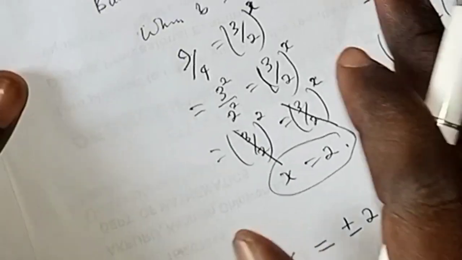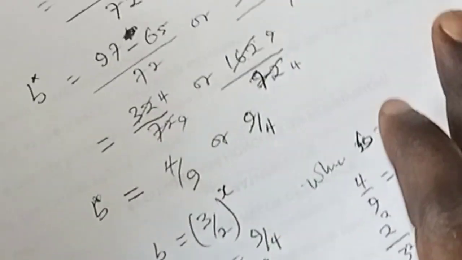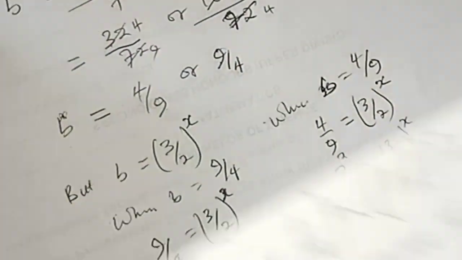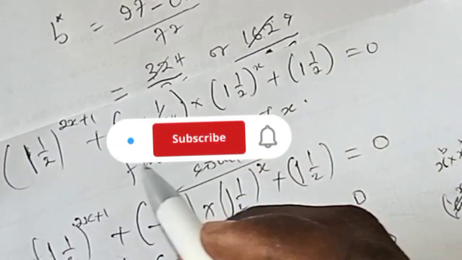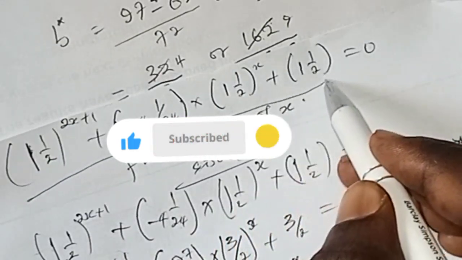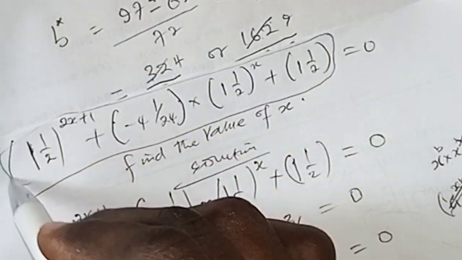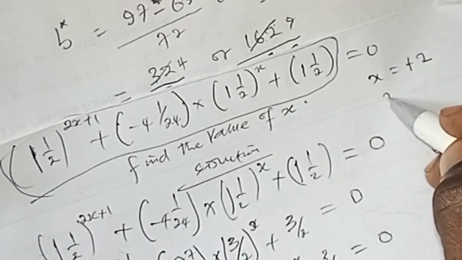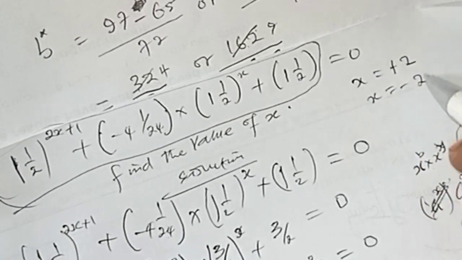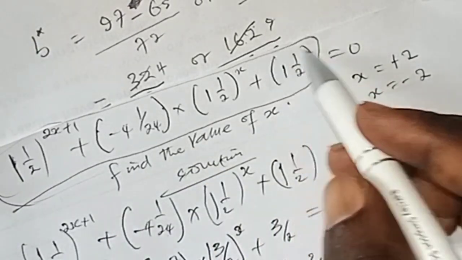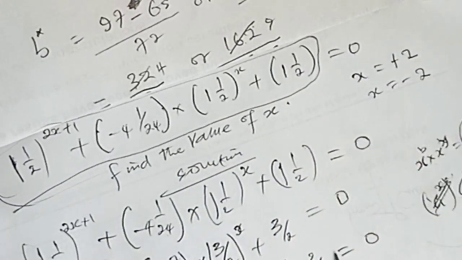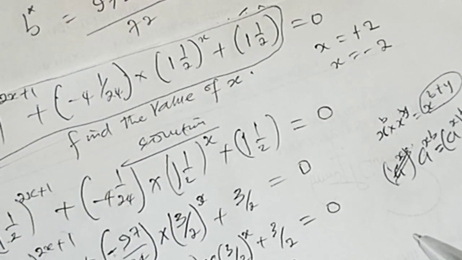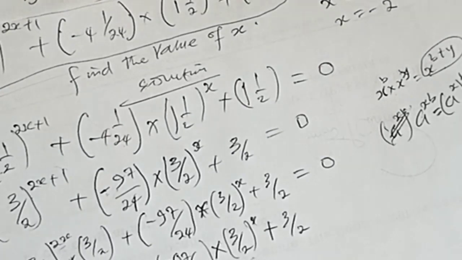Which means that if you come back to the question we have right here, and you substitute x to be equal to plus 2, or you substitute x to be equal to minus 2, the left hand side should give you the right answer. You can actually go ahead and try it out, and you're going to see that it is really correct.